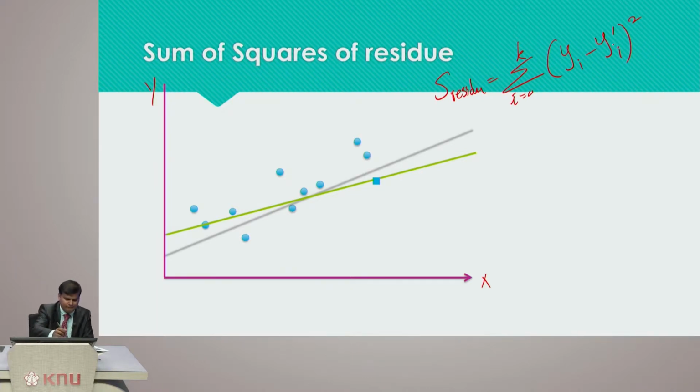So we are going to have these two values, yi and yi prime. Let's say you have this value here, and let's try to see its distance.